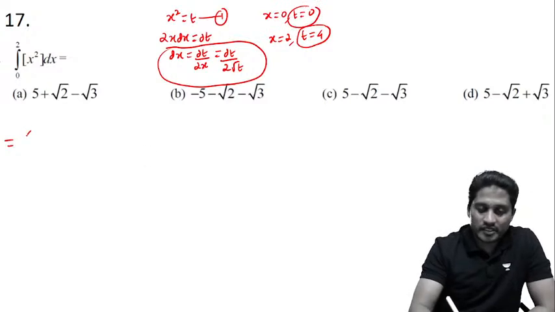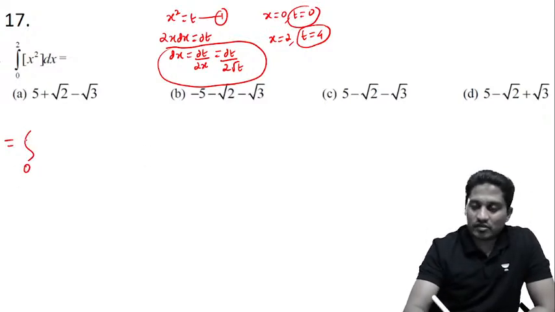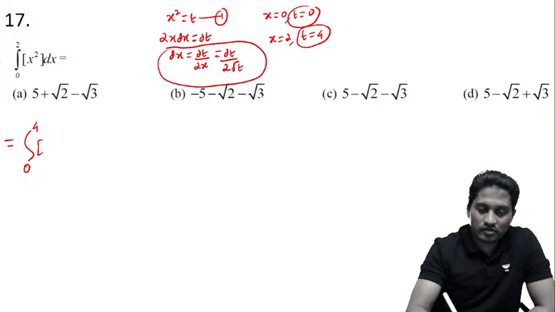So this becomes integration of, when x is 0, t is 0, when x is 2, t is 4. So this is equal to box t, and dx is equal to dt divided by 2 into root t.